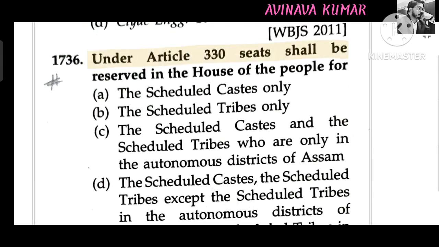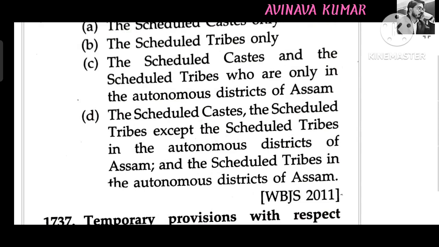Under Article 330, seats shall be reserved in the House of the People for scheduled castes and scheduled tribes, except the scheduled tribes in autonomous districts of Assam.